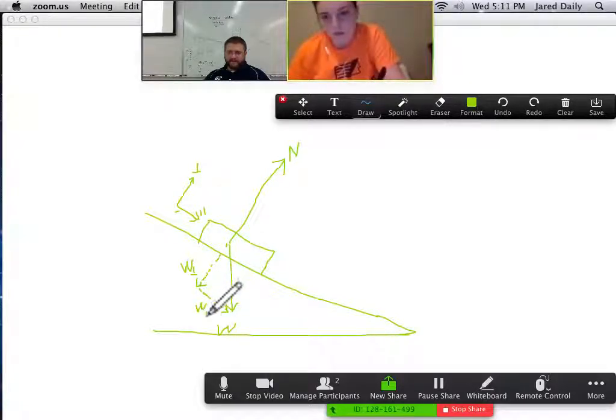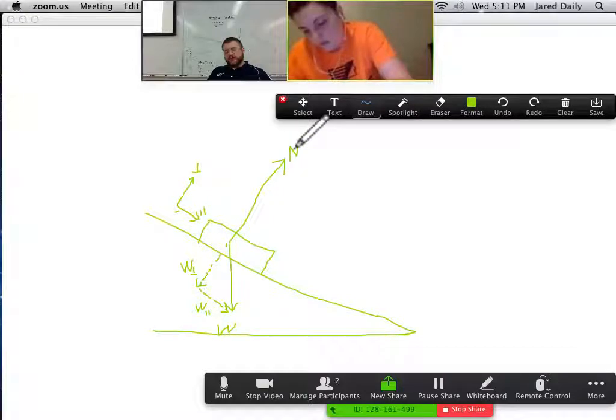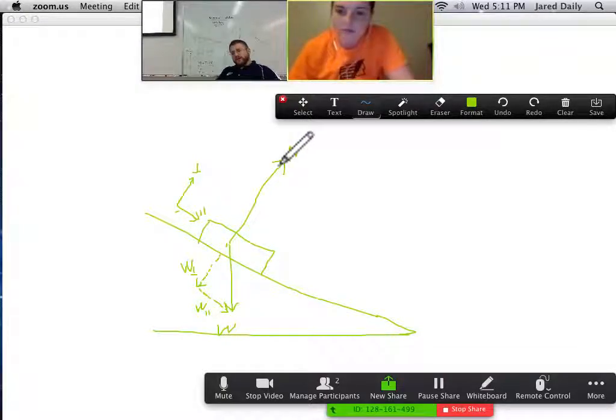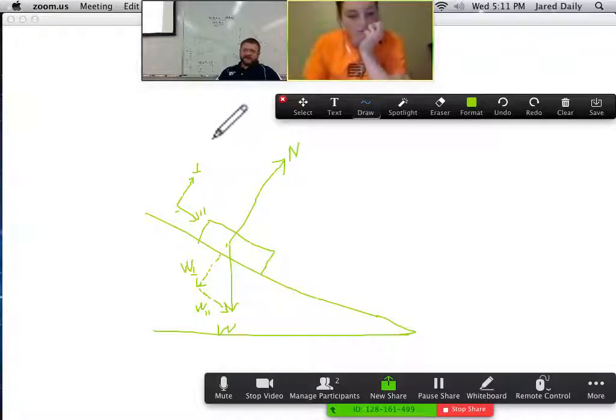And then this normal force is just completely perpendicular, right? I don't really like the way that's working out for us. This is not really going to help us much, in fact.